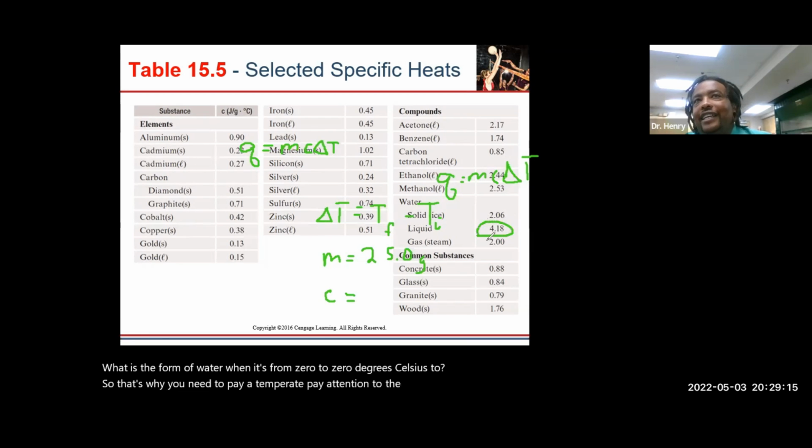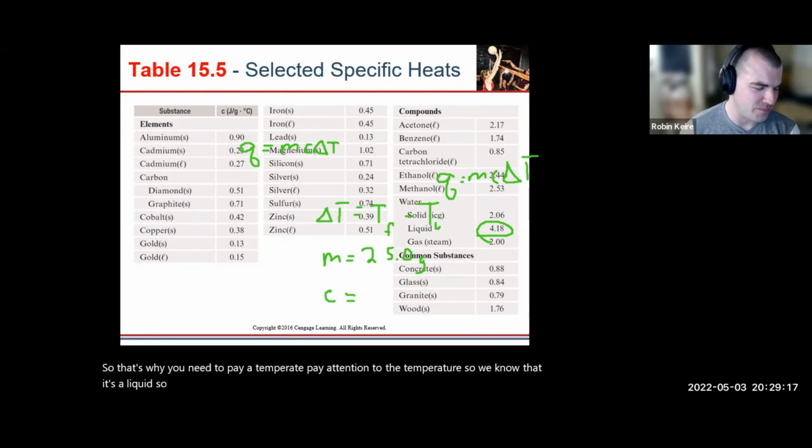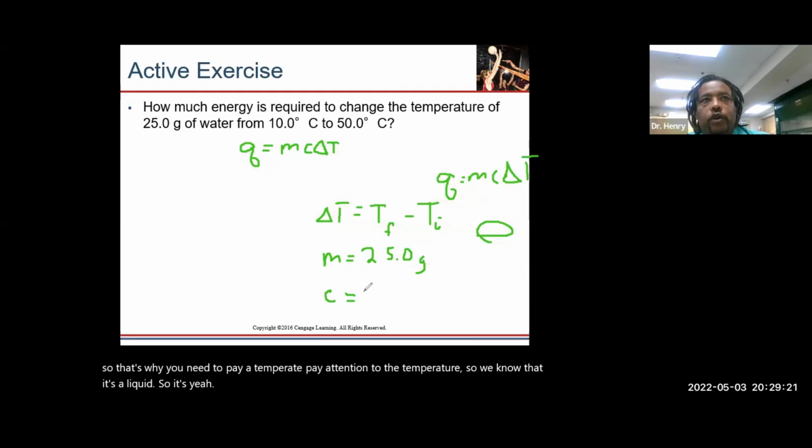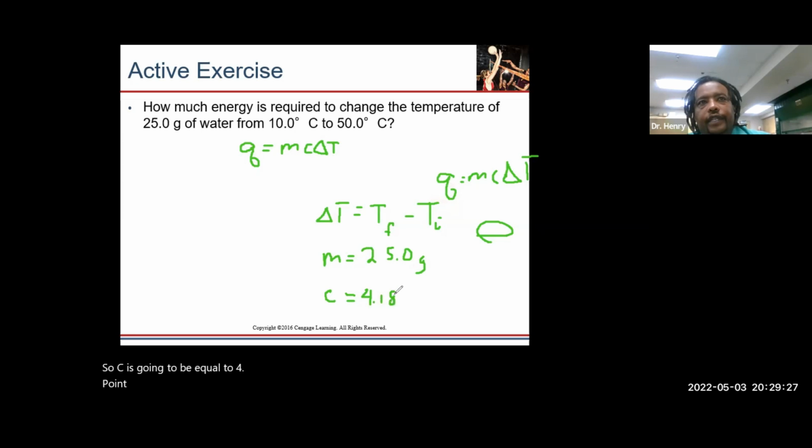So we know that it's a liquid. So C is going to be equal to 4.18, and that's going to be joules per degree Celsius gram. Okay, so we just plug all those in.